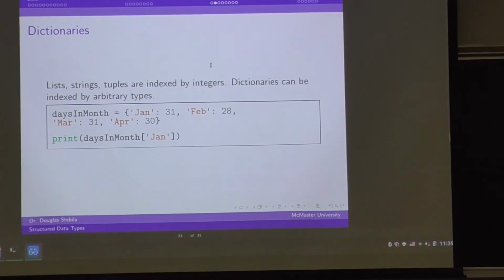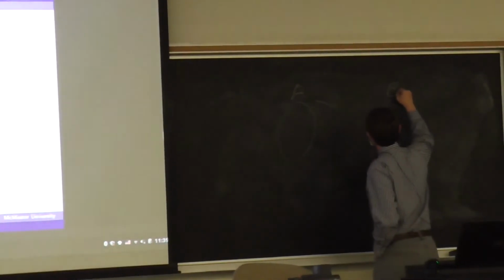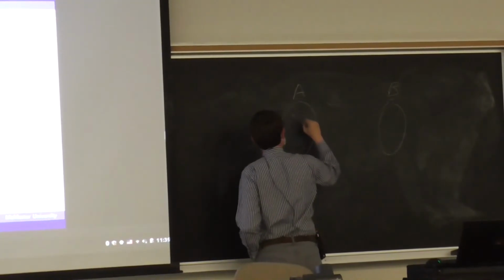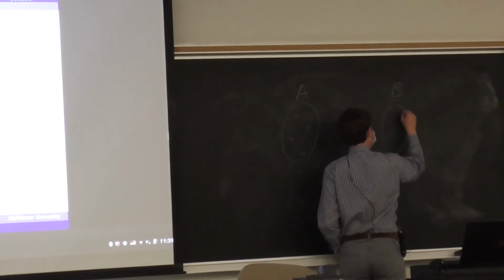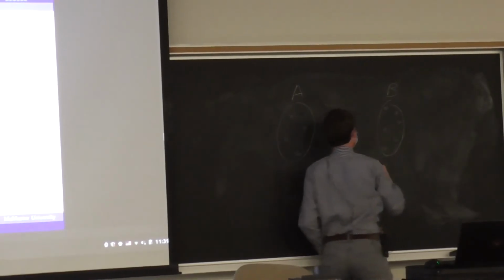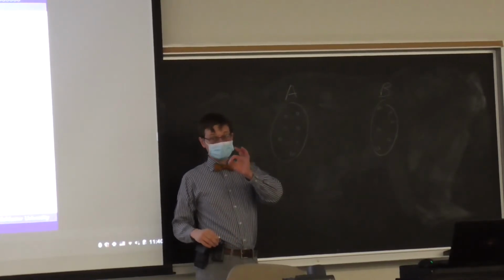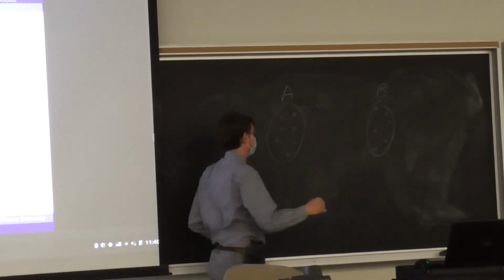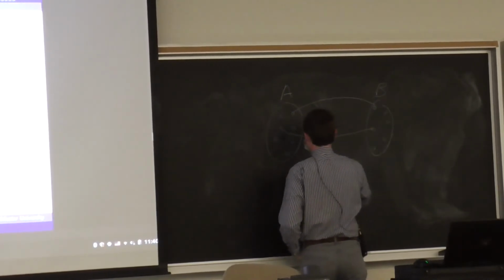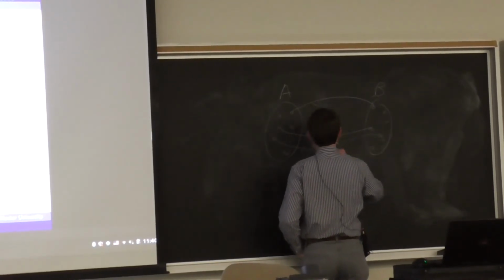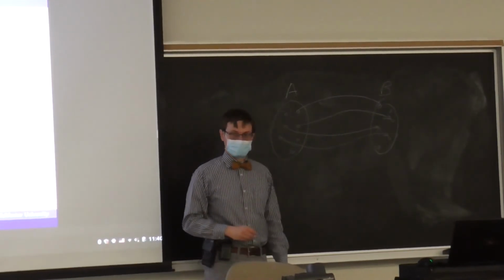So, if you have a set A and you have a set B, let's say you have elements inside of A and you have elements inside of B. A dictionary, or a mapping, is some relation between these two sets whereby you can access some elements of B from some elements of A.